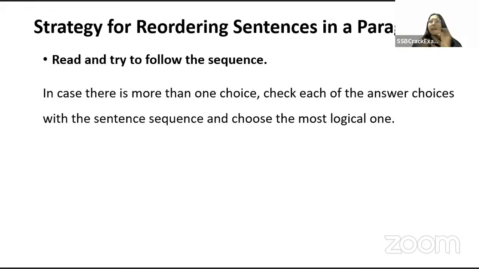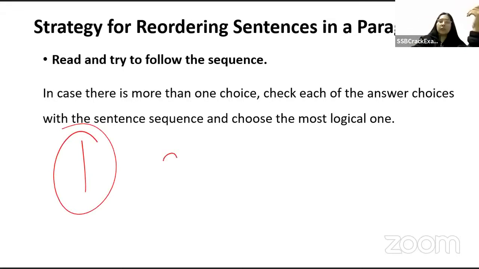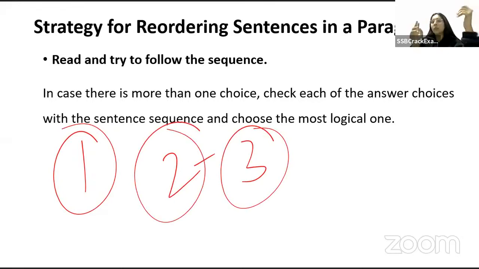So sometimes it happens obviously that if you find two of the options which look similar and you think that I'm pretty confused, so you try to relate it to the previous one that you found, matlab for example aapko 1 mil gaya, ठीक है, and you think that 2 and 3 are pretty confusing, and then you are confused that which one of them would actually be the second one in order.